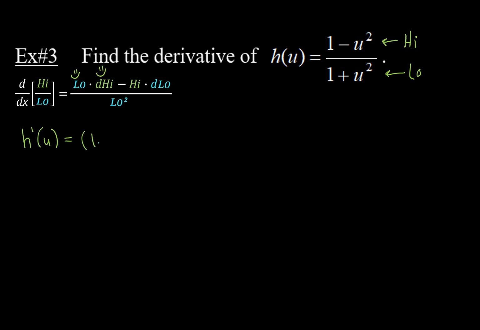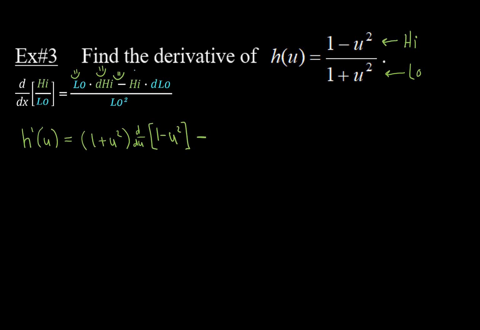The low is the 1 plus u squared. The d high is the derivative of the top. And then don't forget the minus, quotient minus.